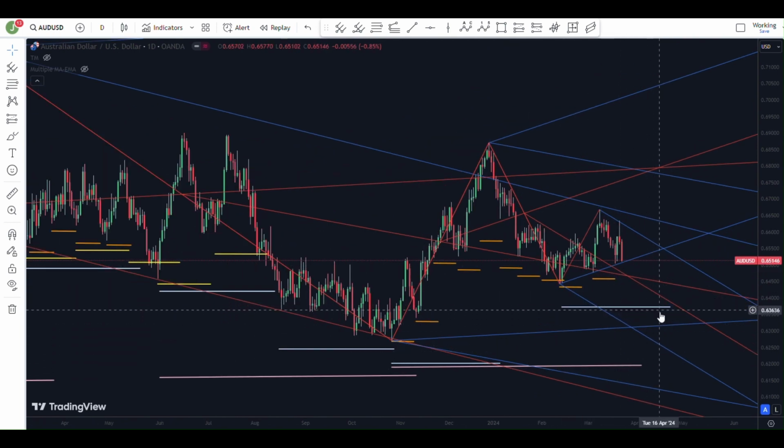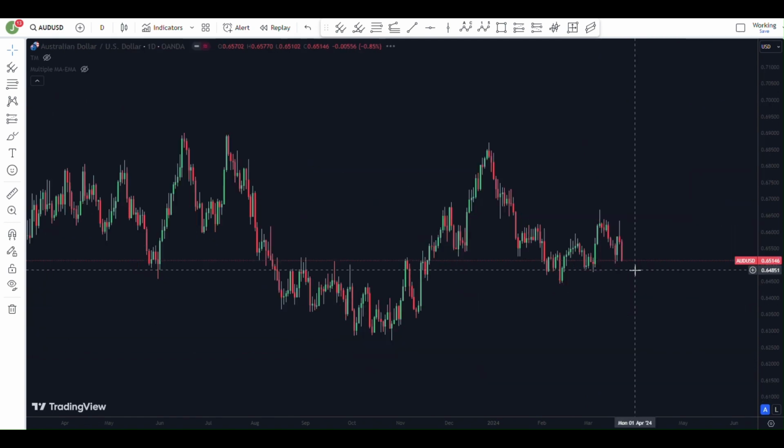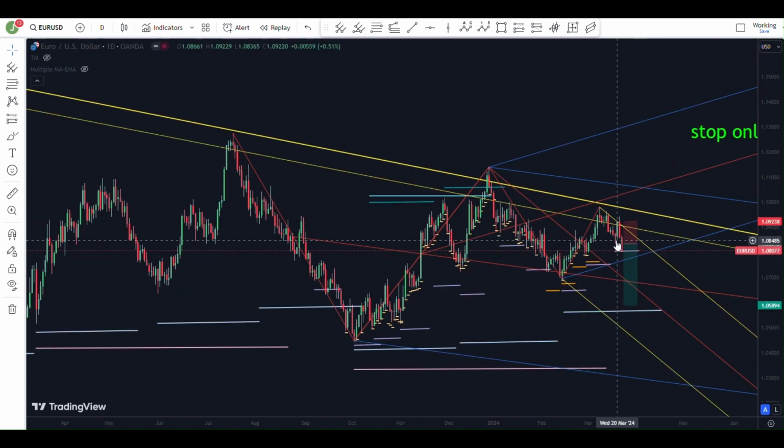This is roughly the same as the Euro USD. However, just comparing lows, you can see the Euro USD, by the time I entered, was already much nearer to this low, which would be the same as this low here. And we've actually already clearly broken below this particular cycle on the Euro USD, where we have not on the AUD USD.